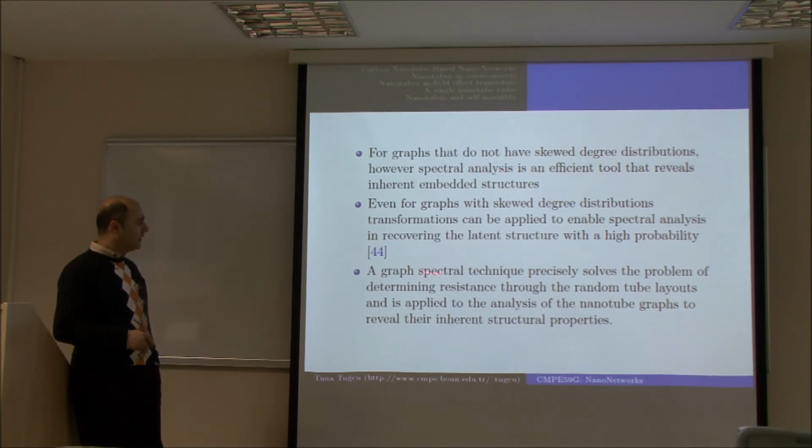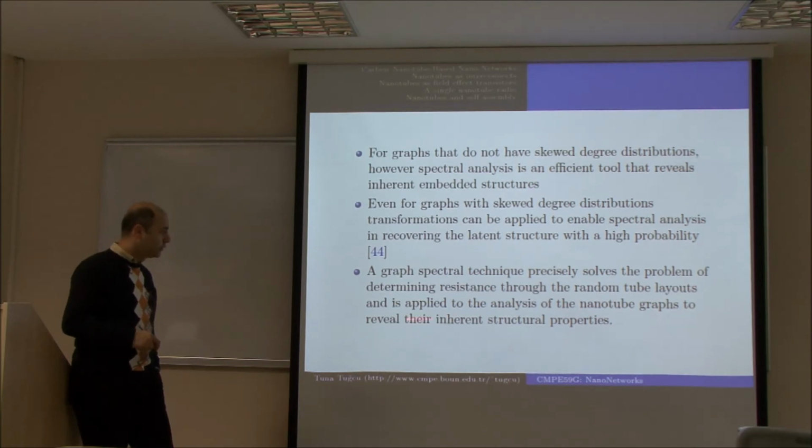And the graph spectral technique precisely will solve the problem of determining the resistance through the network of random tubes in that figure we saw previously, and that can be applied to the analysis of the nanotube graphs to reveal their inherent structural properties.